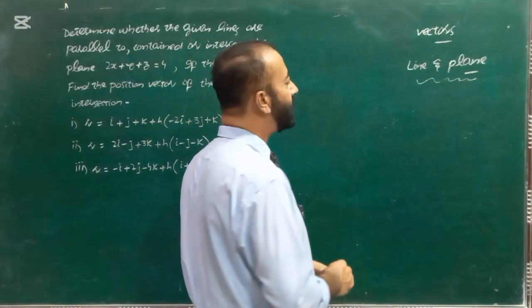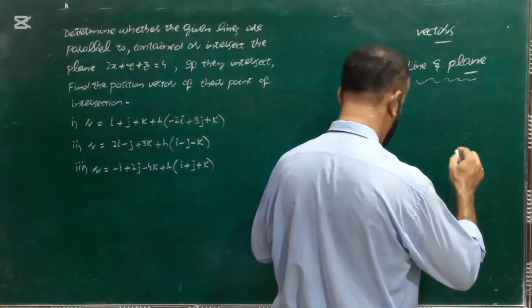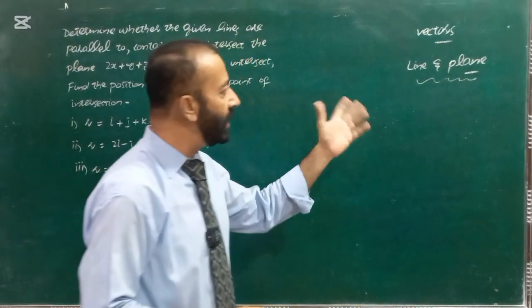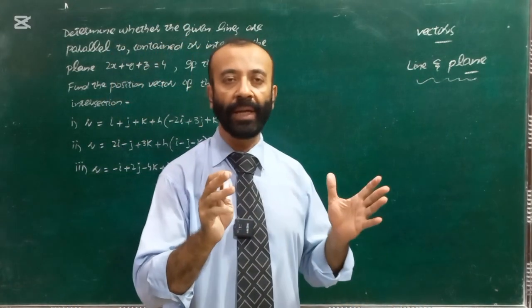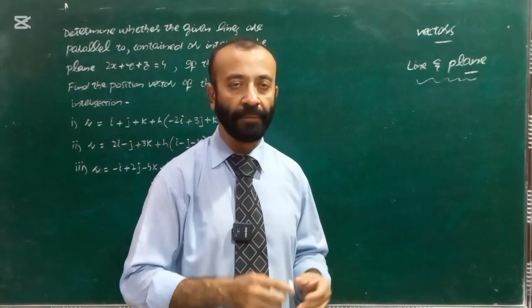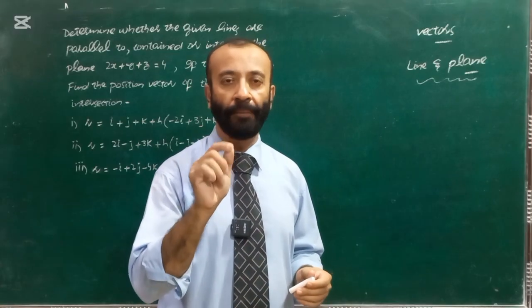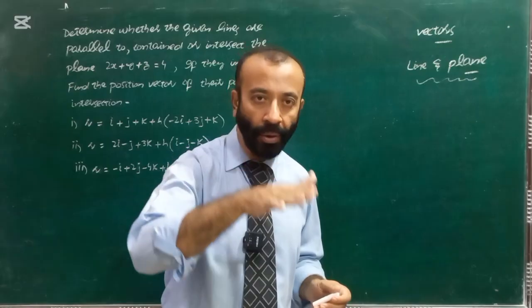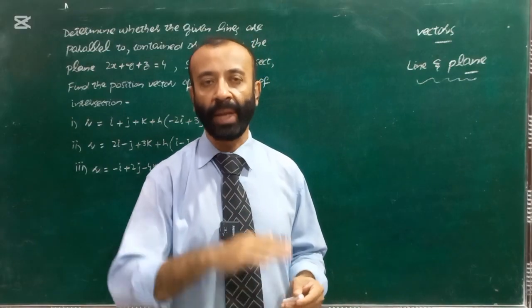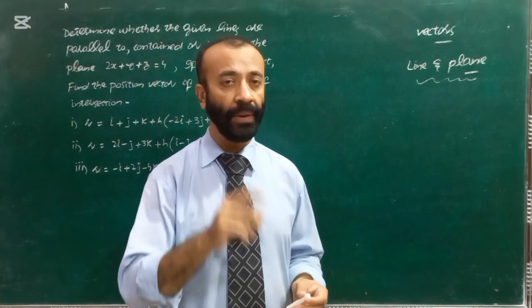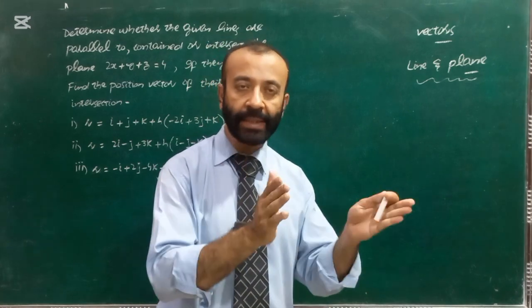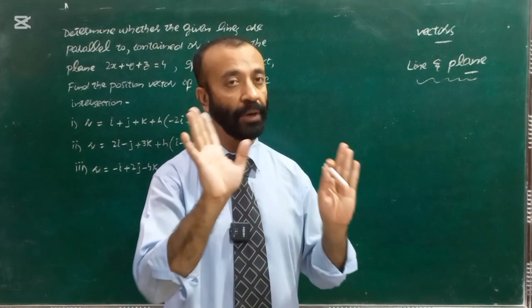Okay students, the next thing that we are going to read in the vectors is the line and the plane. In this topic, you will be given a line and a plane and will be required to check whether the line is lying on the plane, parallel to the plane, or intersects the plane. And if it intersects the plane, then find the point of intersection.